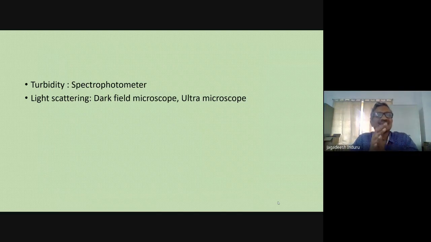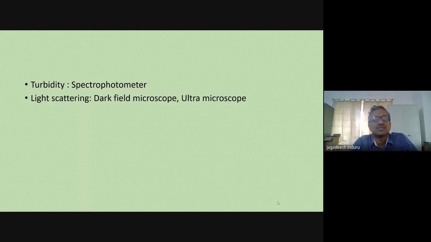Another one is light scattering. We have already seen in the Tyndall effect that the scattering of the light is present in all directions, which can be observed in the dark field microscope or ultramicroscope. In the dark field microscope, we place a detector at a 90 degree angle to the light source, because the light is scattering in all directions, and we detect the scattered beams.